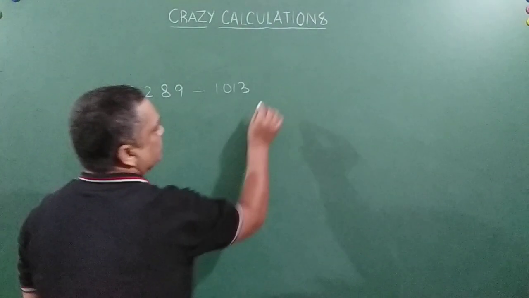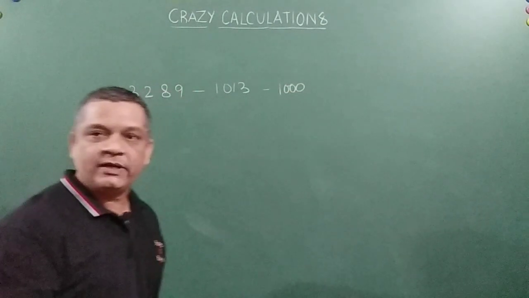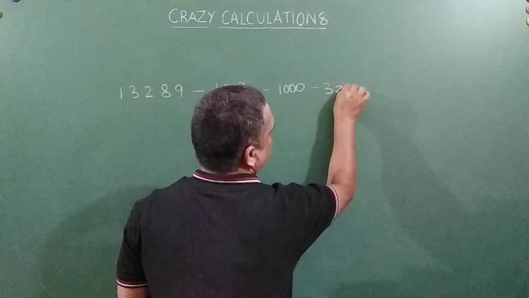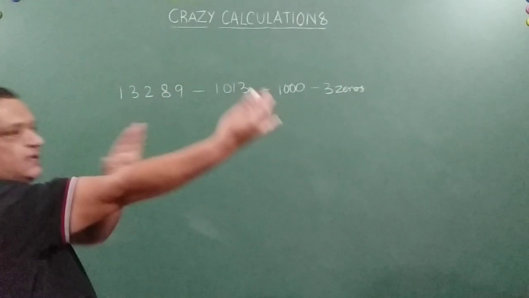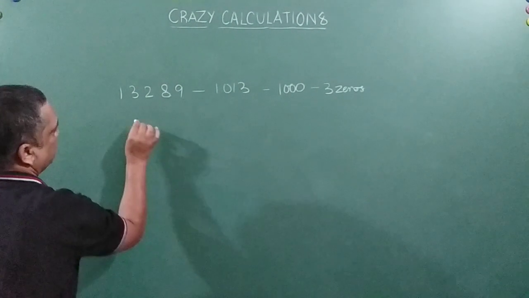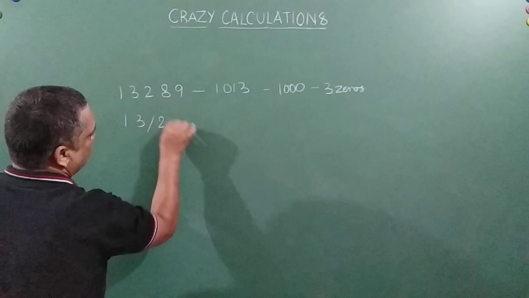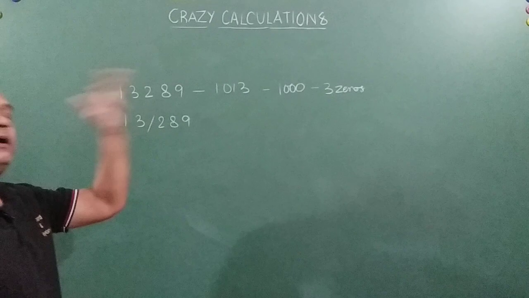So base is 1000. How many zeros in the base? 3 zeros. So I need to mark 3 digits from the left hand side for remainder. Correct? Let's do that. 13/289. So these 3 digits are marked for remainder.